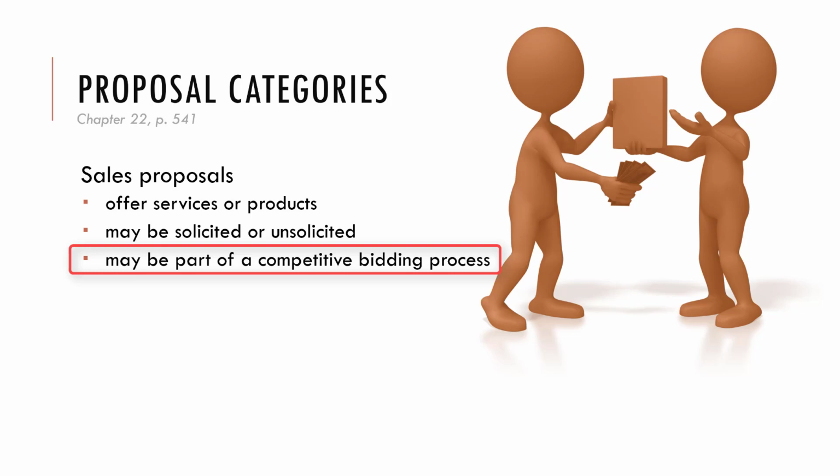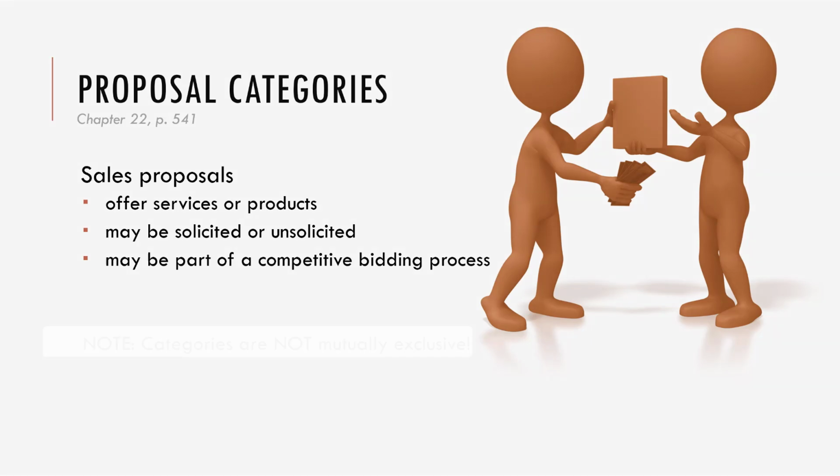It's like putting them in categories so that you have apples and apples and oranges and oranges. Otherwise, people can be all over the place with their proposals, and it's hard for you as the recipient to compare them. So a lot of times when you see sales proposals that are part of a competitive bidding process, the proposal format and requirements is very strict, and it's given to you.